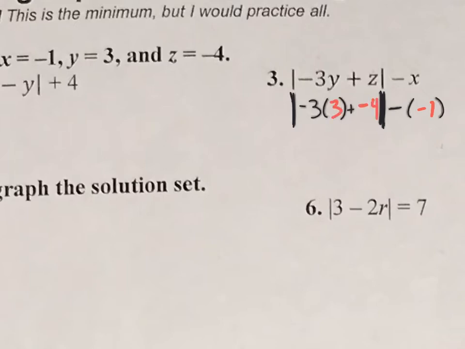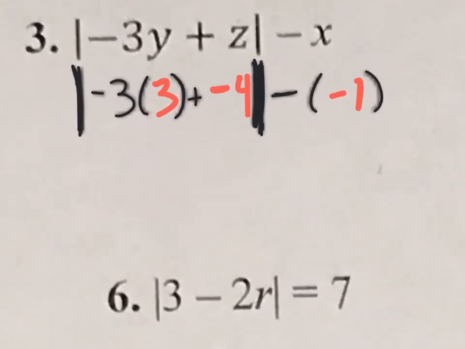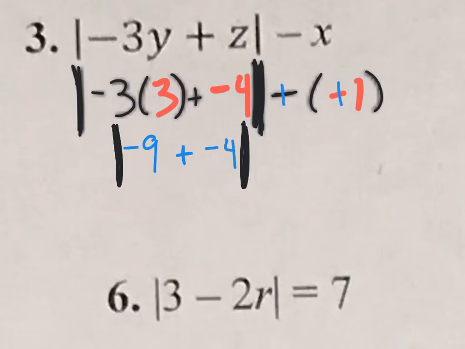So now we could go back in and work on this. Inside we have -3 times 3, that is a -9. And then we could bring down the plus and also bring down the -4. And let's bring down the absolute values. And we also have the -1, which is going to change to a +1. So you really have a +1 on the outside.